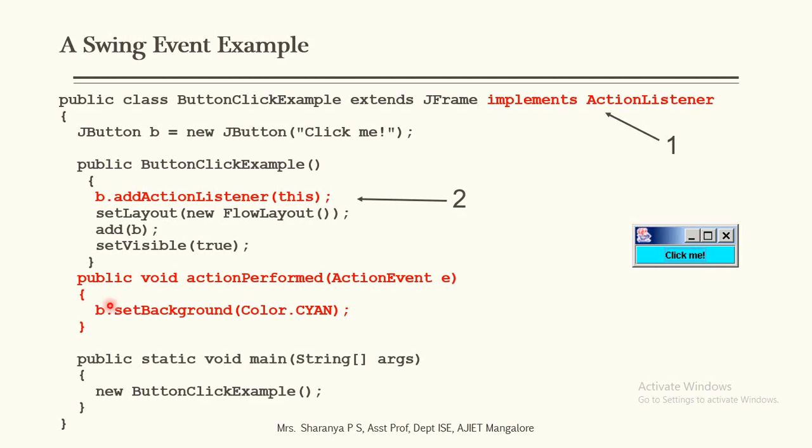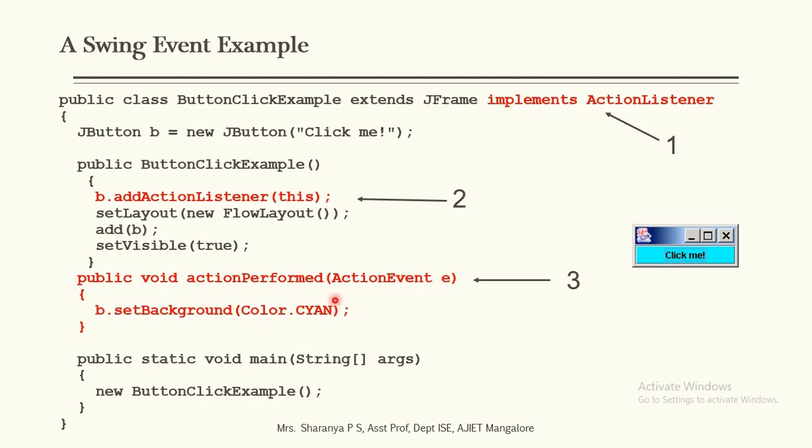Then, with respect to the GUI, we have written the code, and inside this we are defining the actionPerformed method, that is public void actionPerformed, a method defined under ActionListener. So we are implementing this actionPerformed method, and this ActionEvent is the object that will be referred.